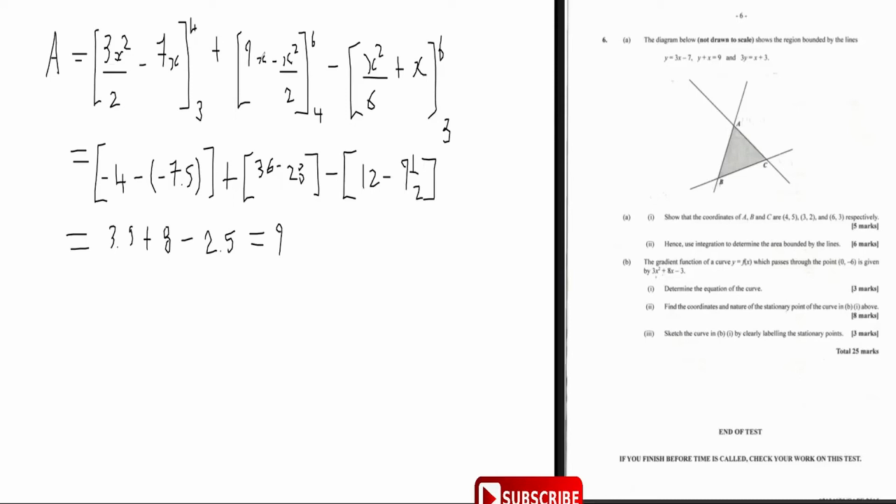That's 36. Put in 4. 9 times 4 is 36. Put in 4 in here. 4 squared is 16. 16 over 2 is 8.